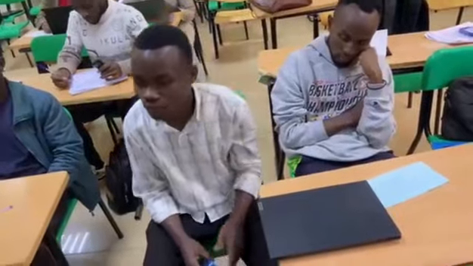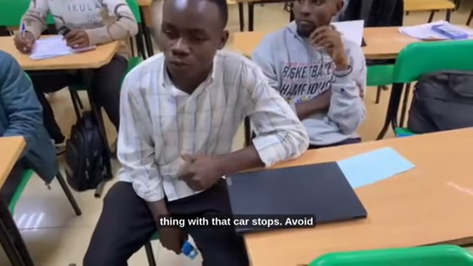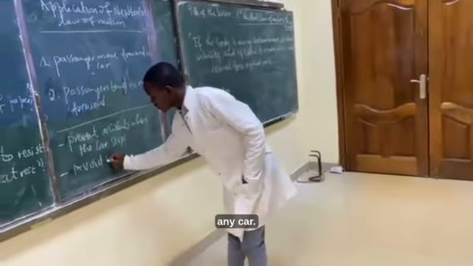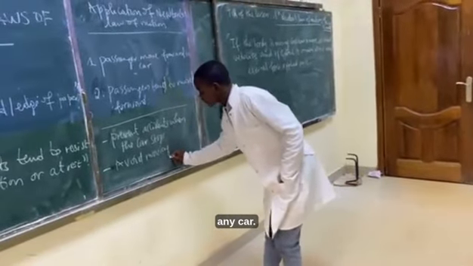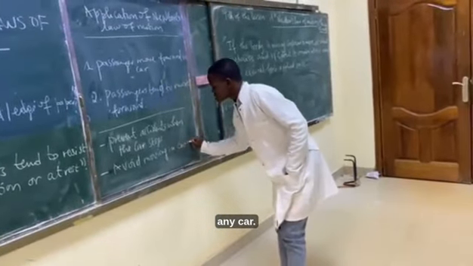When the passenger wears the seatbelt and the car stops, that seatbelt will stop the motion of that passenger at the same time that the car stops, avoiding moving in the car.